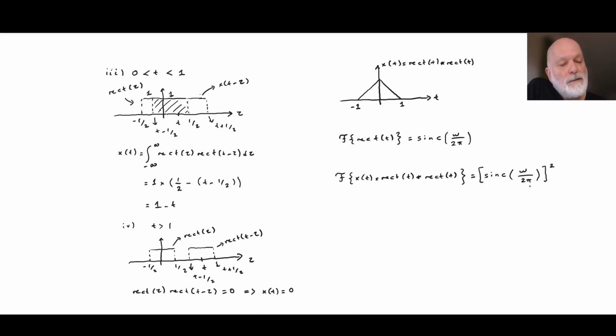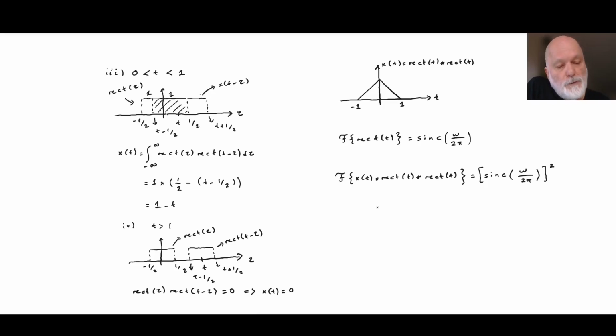Now, since we take the square, for the Fourier transform of x of t, which is the Fourier transform of this triangular pulse, we will all have non-negative values for all omega.